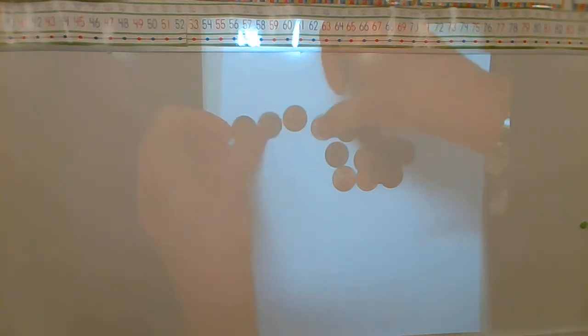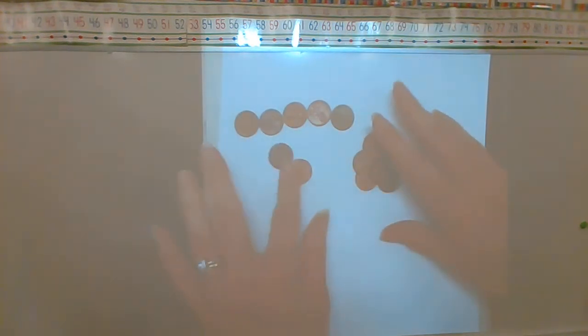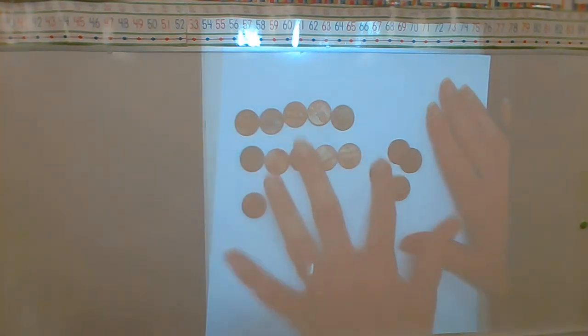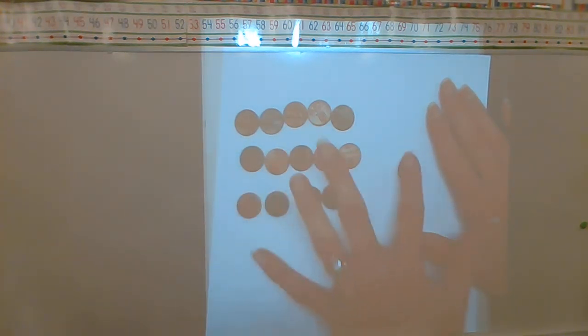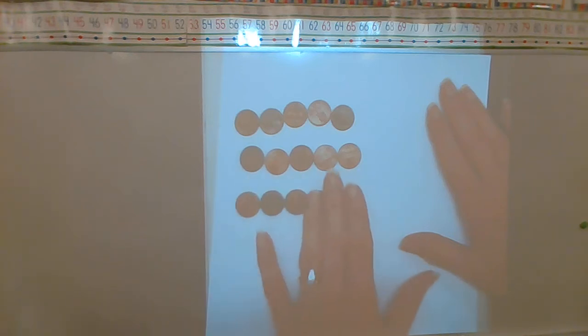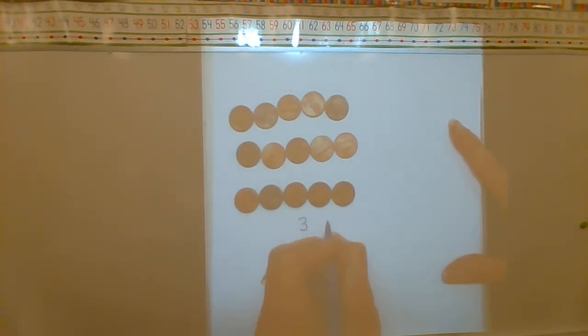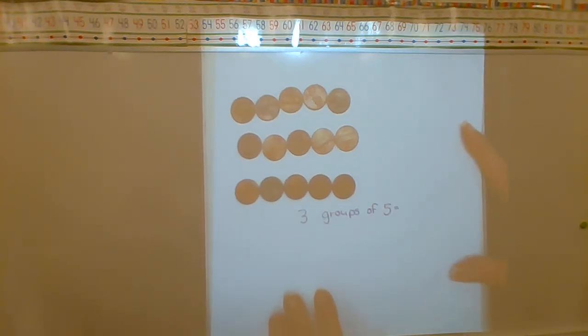So if I lay them out, okay, so I have now made these pennies. I put them in groups of five. Now, how many groups of five do I have? Yeah, I have three groups of five. Three groups of five.